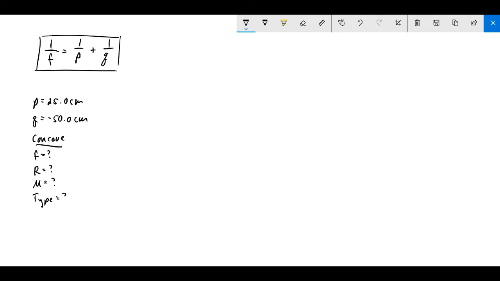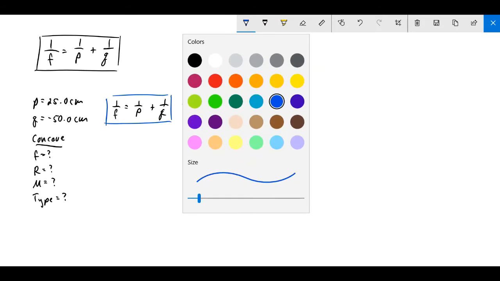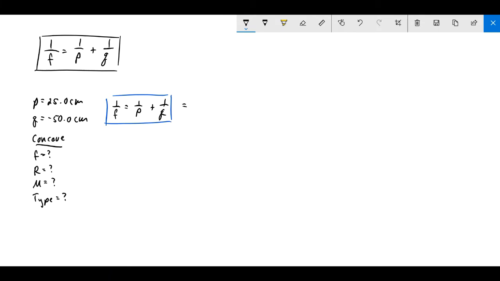So I'm just going to take my mirror equation, 1 over f equals 1 over p plus 1 over q, and I'm going to put all of the numbers right into this. So here's the equation that we're going to use. So I've got 1 over my 25 centimeters plus 1 over my negative 50 centimeters.